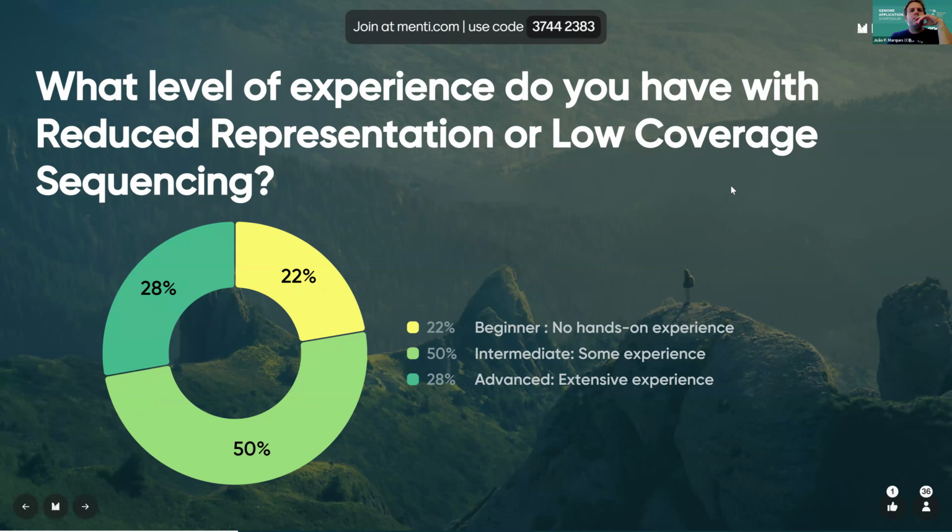Okay, I think as in the case of the type of methods, we have a very vast audience. So I think that this already gave us some hints on how to proceed. So now I will pass the word to Gábor. I will stop sharing, and thank you all for participating in the poll. And Gábor, the floor is yours.